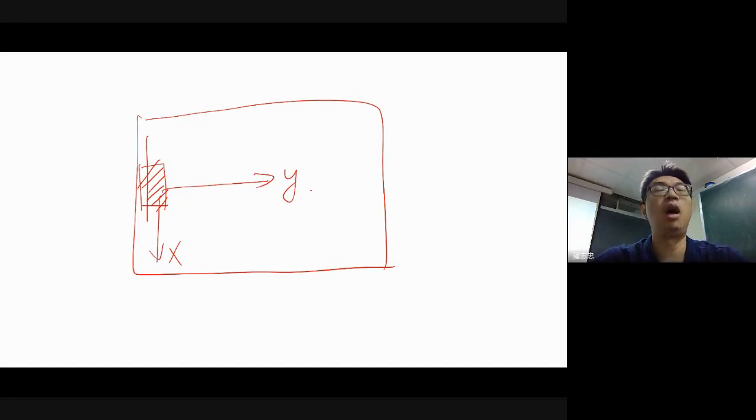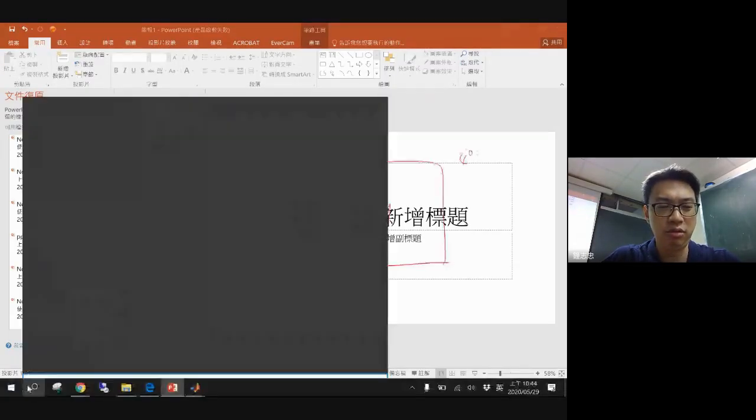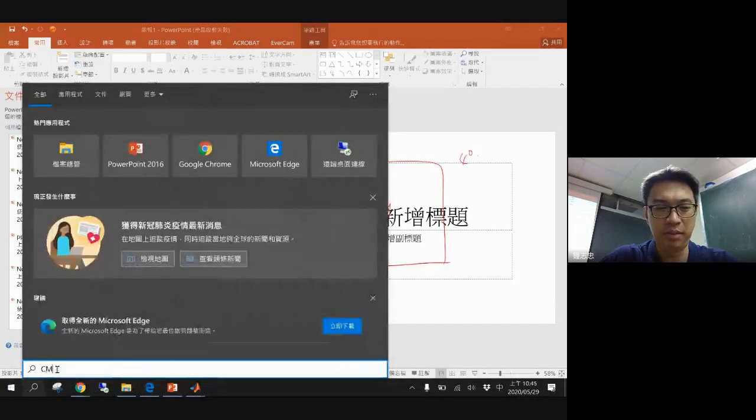And first, last time we already showed you how to use LoRa to capture data. Let me show you the LoRa CMP.